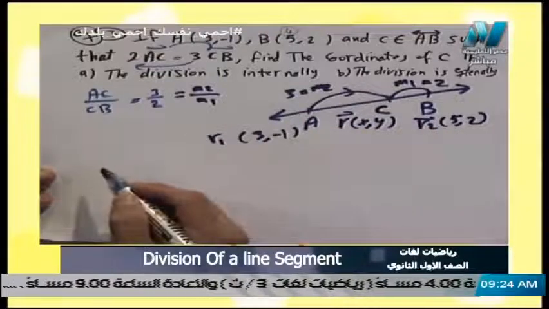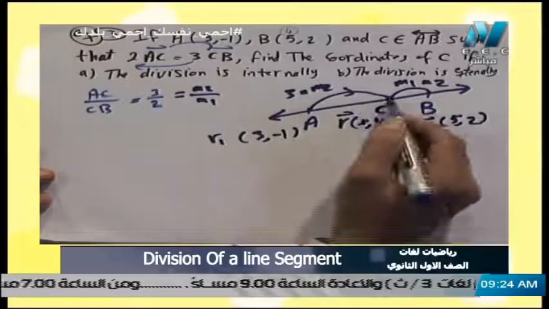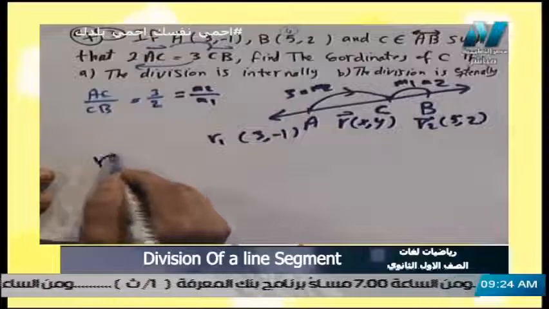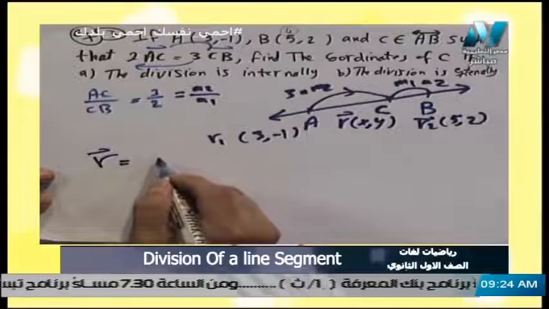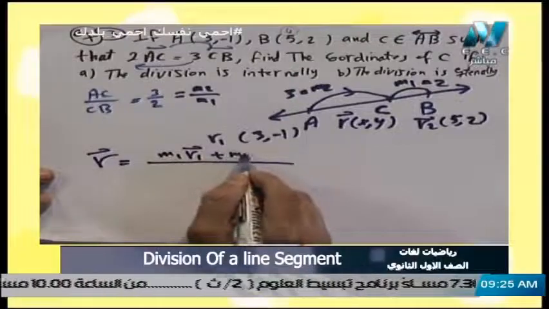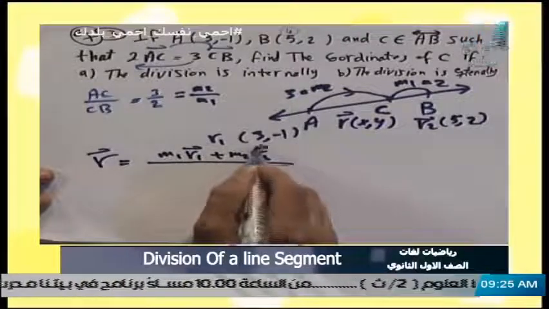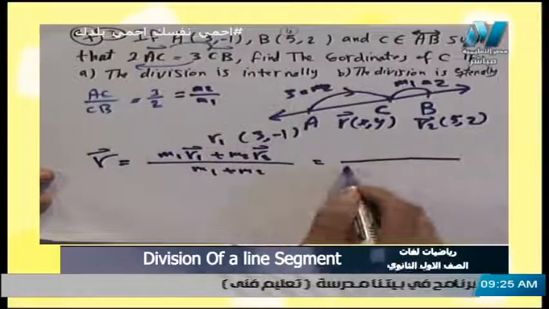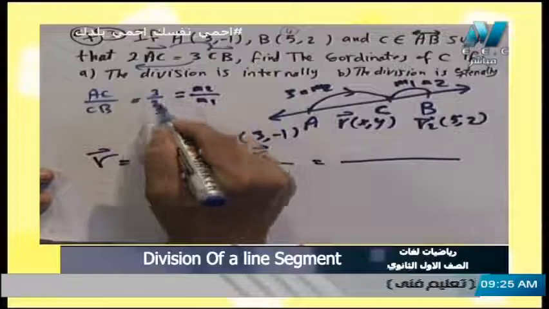Now we will apply the rule because this is internal division. We have here R equals M1 R1 plus M2 R2 over M1 plus M2. Here M1 plus M2 equals 3 plus 2.